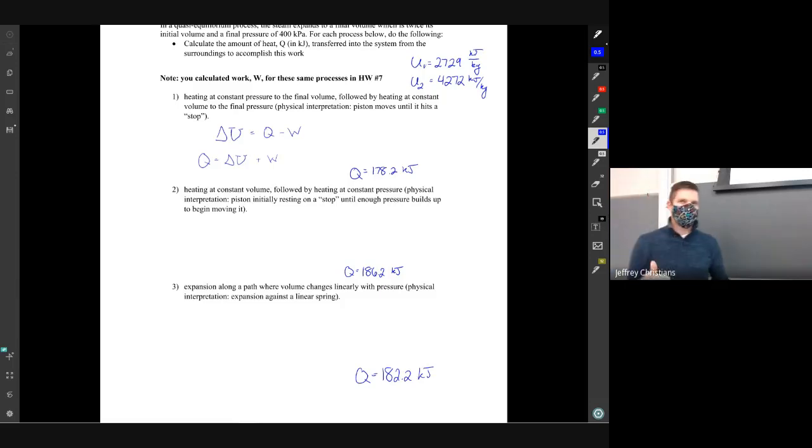That's something we didn't totally experience in control volume problems. We did a little bit, but it wasn't this explicit that both work and heat transfer are path dependent, depending on how you got from an initial state to a final state. The amount of heat that you had to put in and the amount of work that you got out changed depending on how you did that.